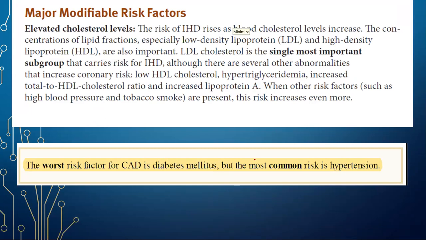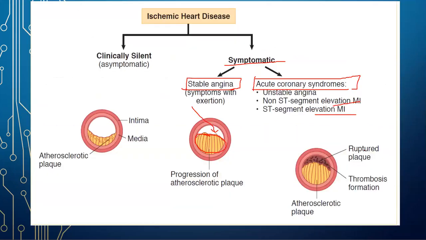So the difference between unstable angina and non-ST elevated MI is that if you look at here, you see that this was an atherosclerotic plaque, right? In unstable angina, this thrombus formation or total occlusion of your blood vessels will not be there.